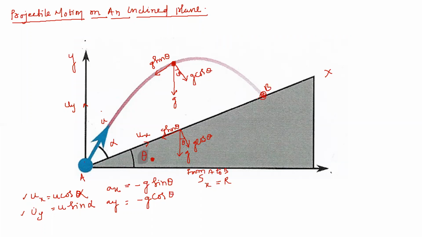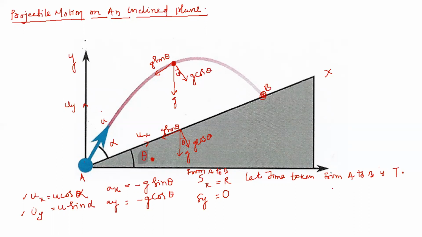So sy, the vertical displacement after reaching point B, is equal to 0. And let the time taken from A to B be T.